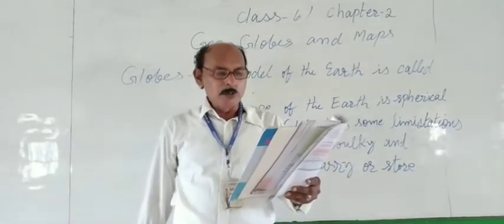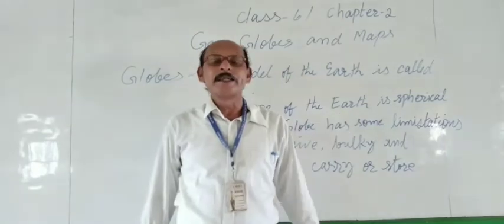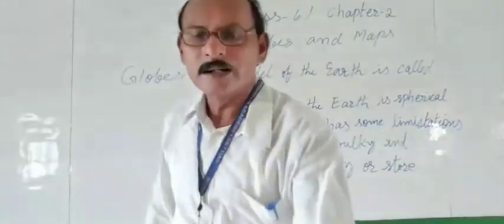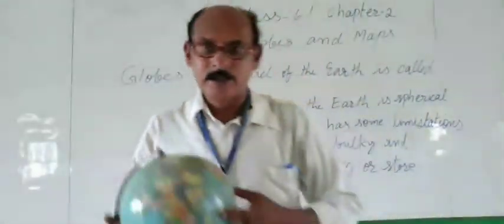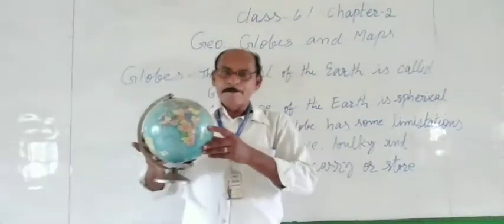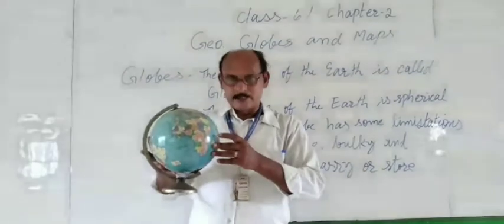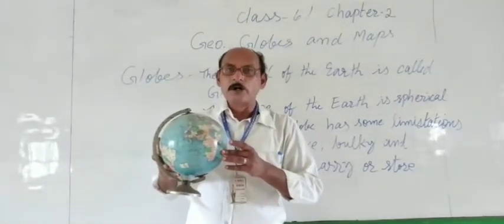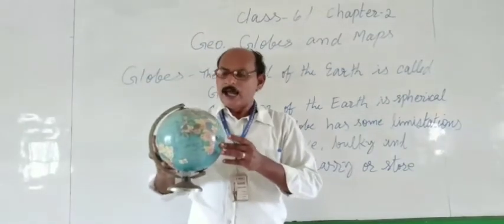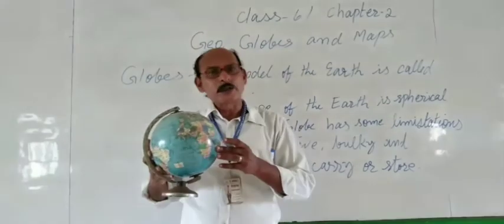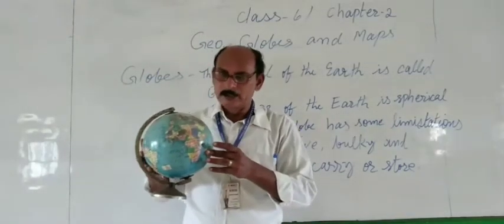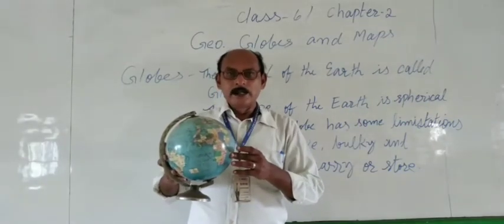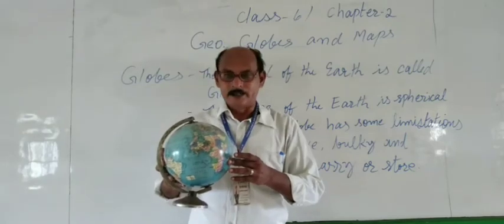A globe, however, has some limitations. Children, you see this globe, it has some limitations. It has different areas, so we cannot study details of any locations. It is bulky and difficult to carry.